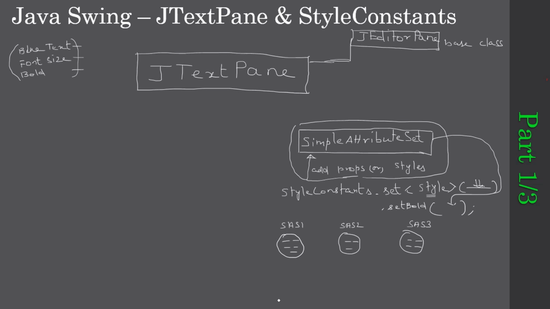There are many constants which you can set. So in the picture, we have 3 simple attribute sets: one has 5 properties, another 3, and the third 4. Once the attribute sets are ready, you can use them in the content of the JTextPane.